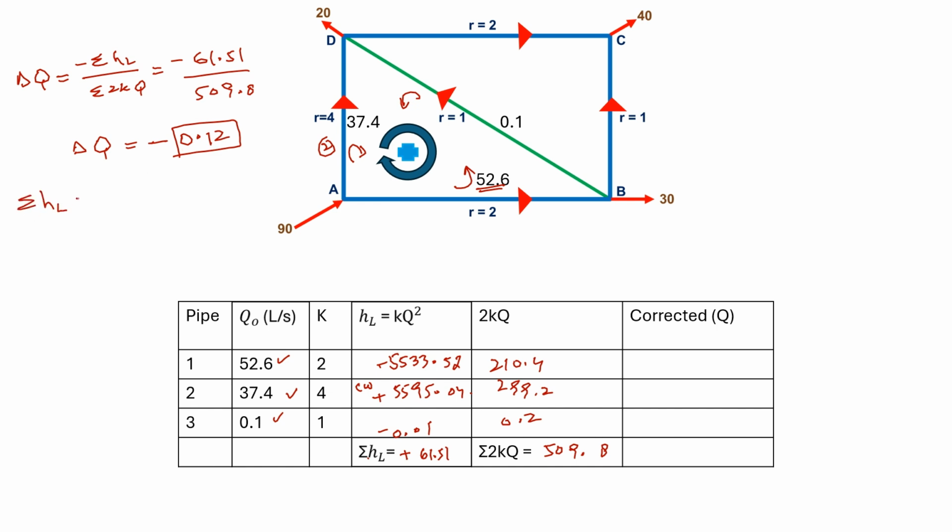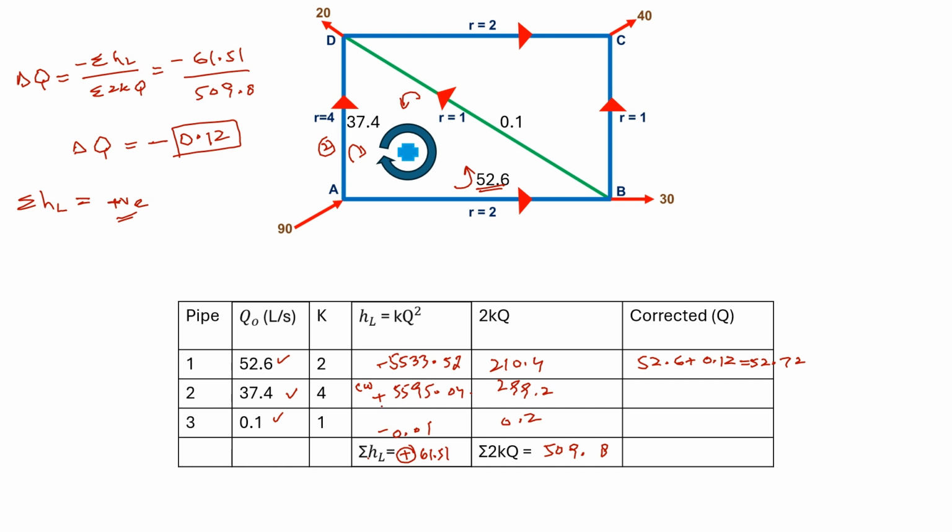Is delta HL positive or negative? It is positive. It means that we have to subtract this value of 0.12 from clockwise discharges, and we have to add this value 0.12 to the counterclockwise discharges. So simply, 52.6 is in the counterclockwise direction, so we need to increase this. 52.6 plus 0.12 will be 52.72.